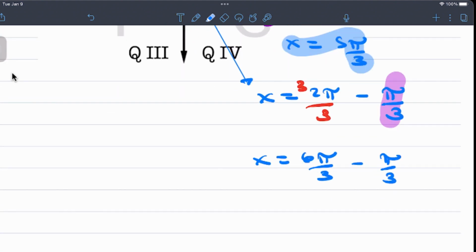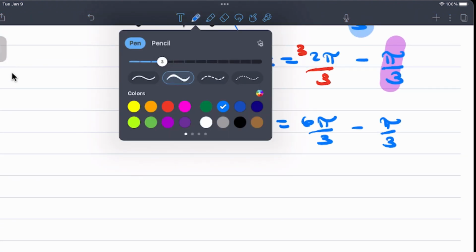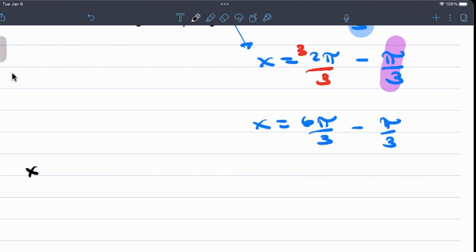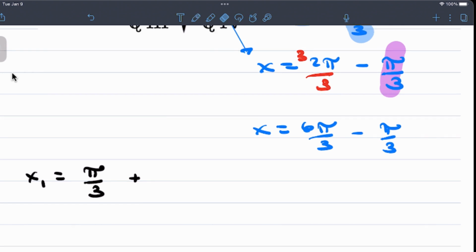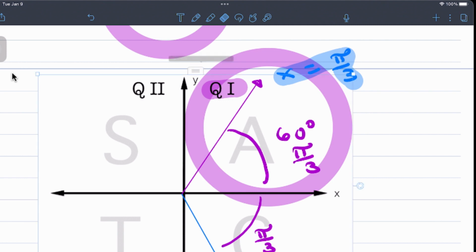So we can start off by these and say this. I can start off and say, okay, x1 is going to be pi over 3 plus n pi. Sorry. Is it n pi? What's it going to be? You guys tell me.